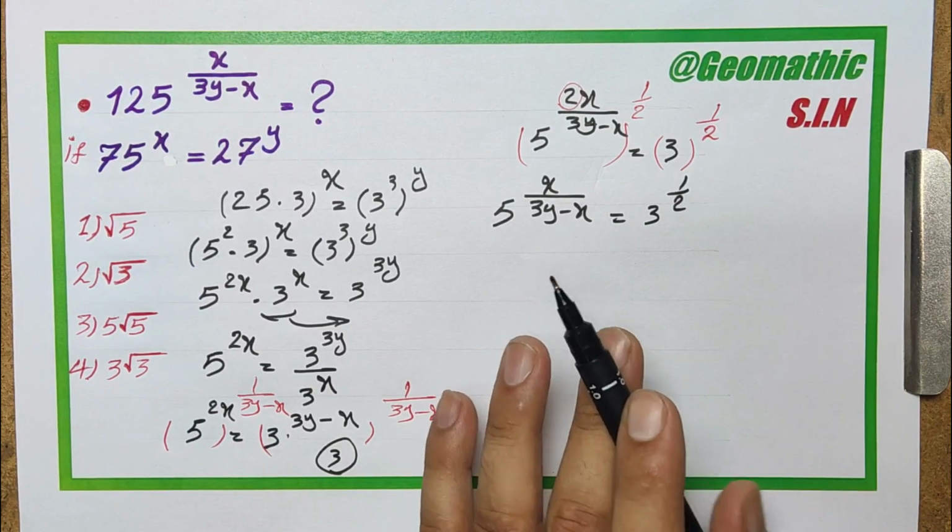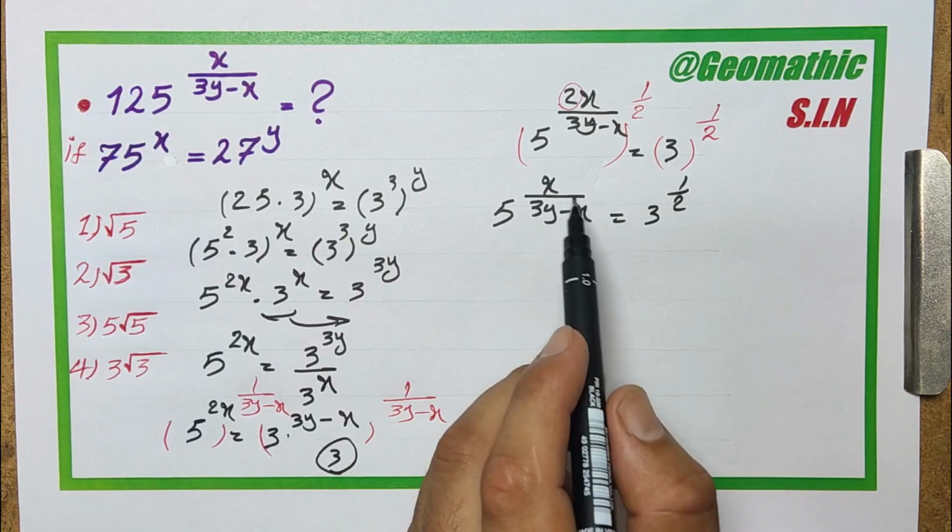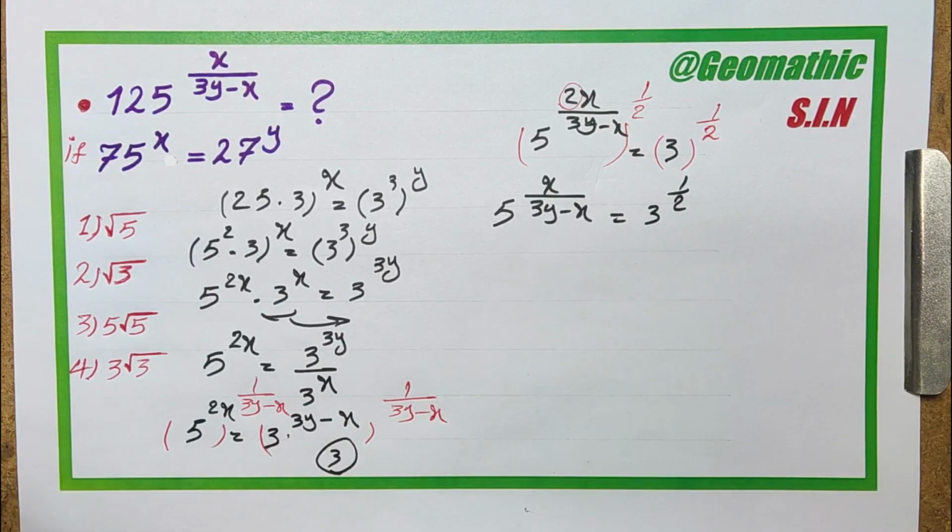Now just one more step to find the answer. To turn 5 into 125, we raise both sides to the power of 3.